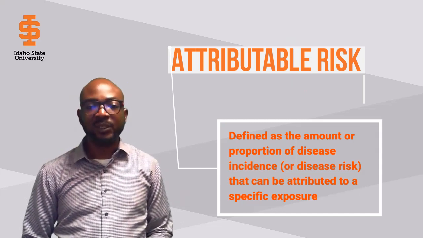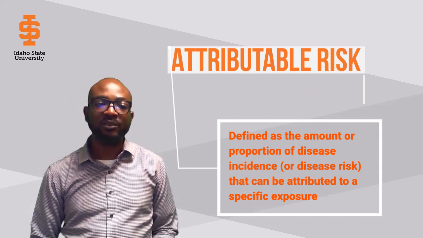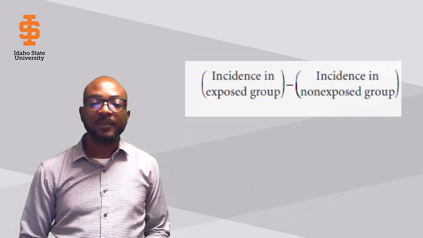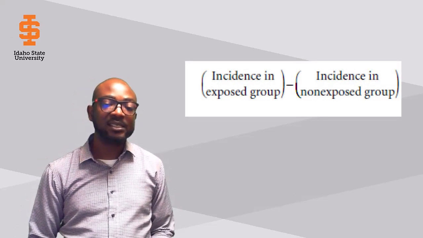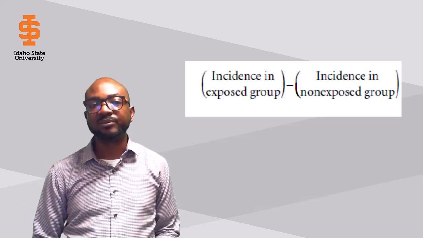Because the risk in the non-exposed group is equal to the background risk, we can calculate the risk in the exposed group that is the result of the specific exposure by subtracting the risk in the unexposed group from the total risk in the exposed group. Thus, the incidence of a disease that is attributable to the exposure in the exposed group can be calculated as incidence in exposed group minus incidence in non-exposed group.